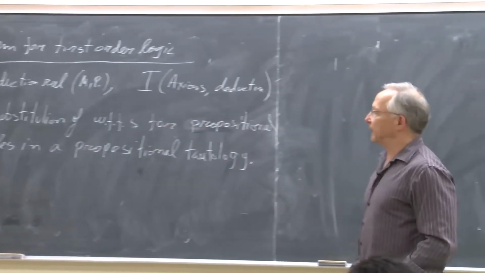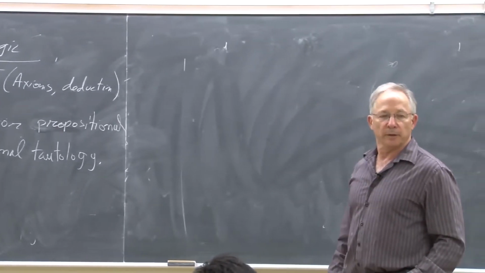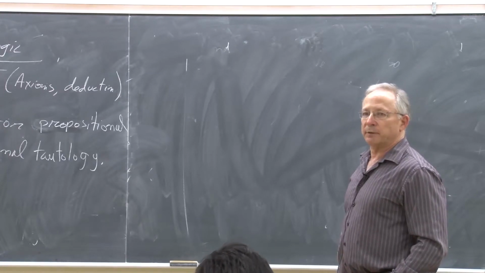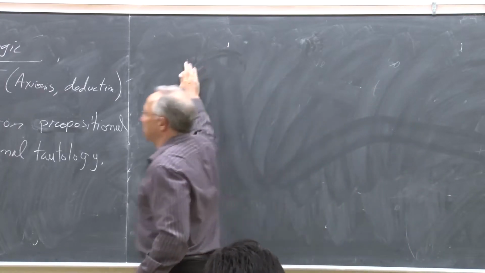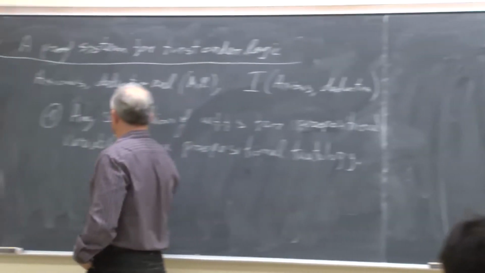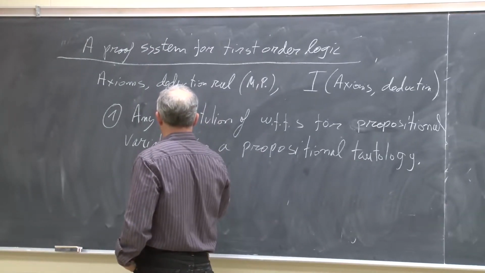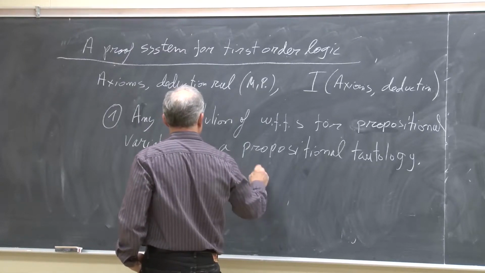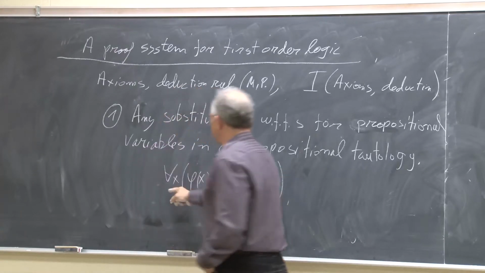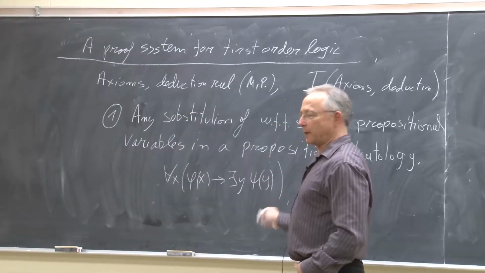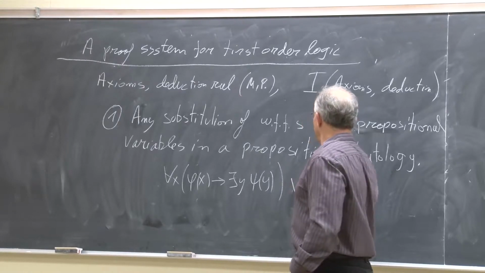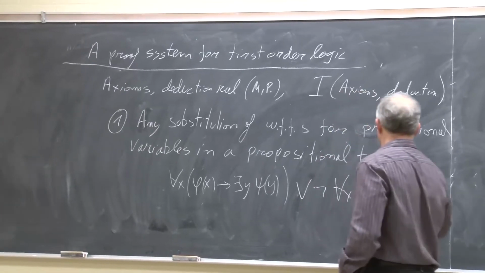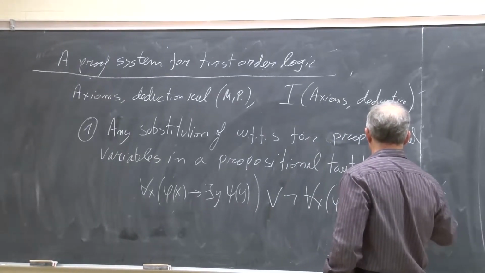So my first set of axioms are any such substitution. Examples could be things like, say, for every x, phi of x arrows, there exists a y such that psi of y. This in itself looks very strange, but I can say this or not for every x, phi of x arrows, there exists a y such that psi of y.